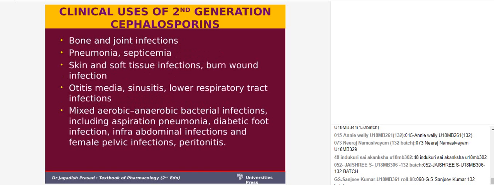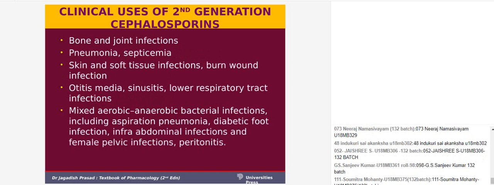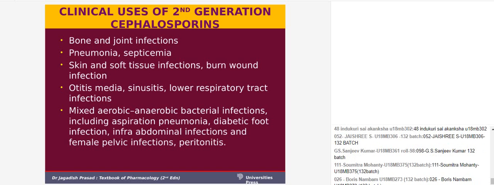And the second generation cephalosporins, they are mainly used in the treatment of bone and joint infections, pneumonia, septicemia, skin and soft tissue infections, including burn wound infections and urinary tract infections.